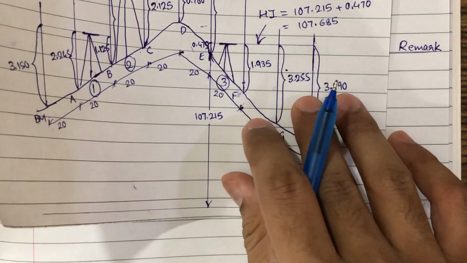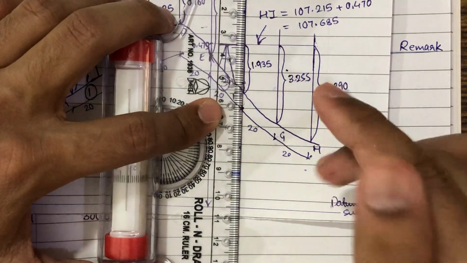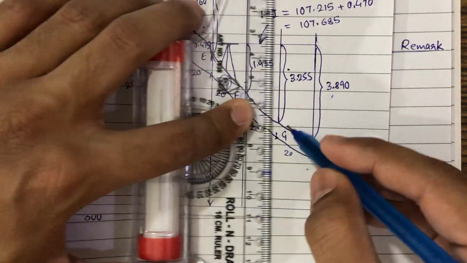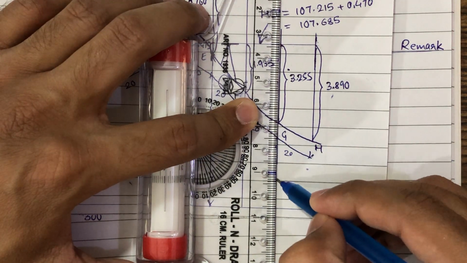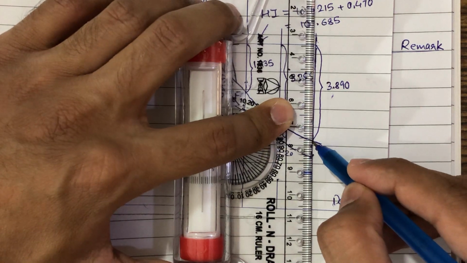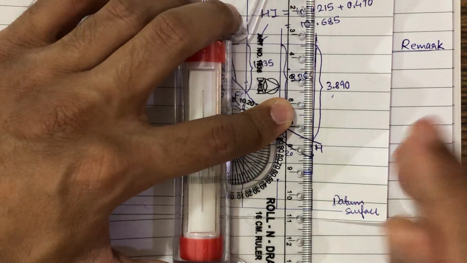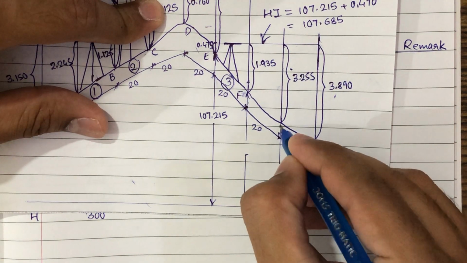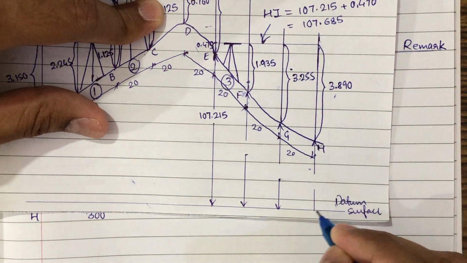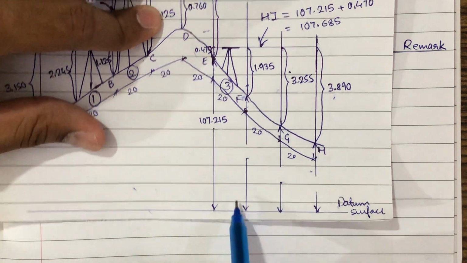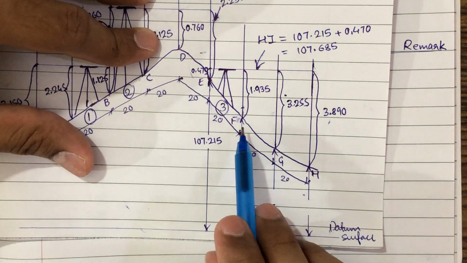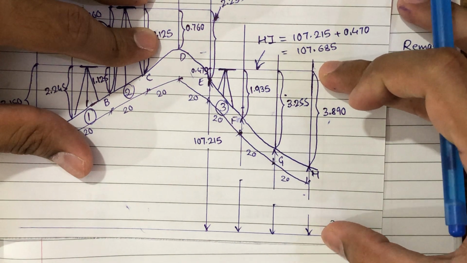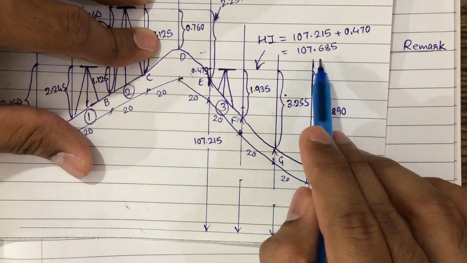Now based on this HI, we can calculate the RL of this point F, as well as this point G and this point H. Now, this HI we calculated as 107.685.